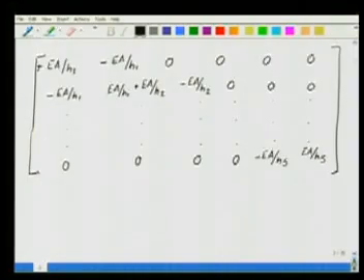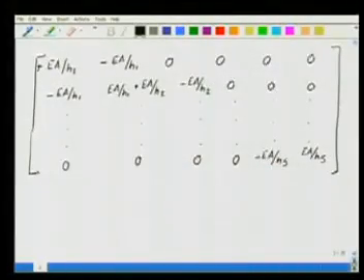If this is our global matrix K, this into the U was equal to the F. Now here you see that nowhere have we really taken care of the value of U1. That is, we have not imposed the fact that the value of U1 has to be equal to the specified value. Let us now be a little bit further general.